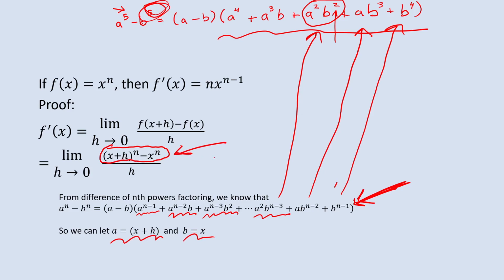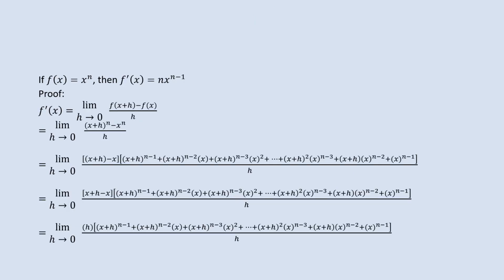So what we're going to do right now is sub in x plus h for all the times that we see a, and for all the times that we see b, we're going to sub in x. Okay? So we do that in the next line.